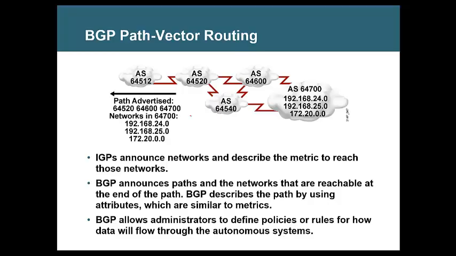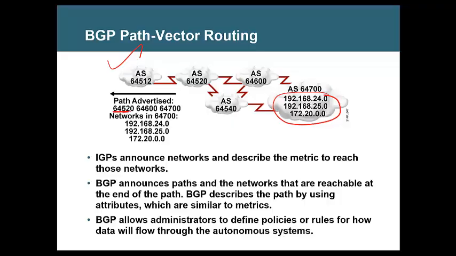Now BGP is a path vector protocol, like you say distance vector for RIP and EIGRP. This is path vector. The reason is this. When this network is learned here, it shows the path.